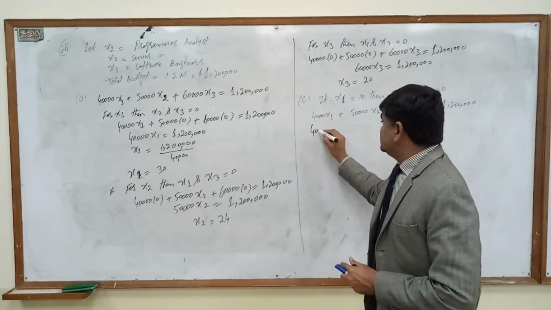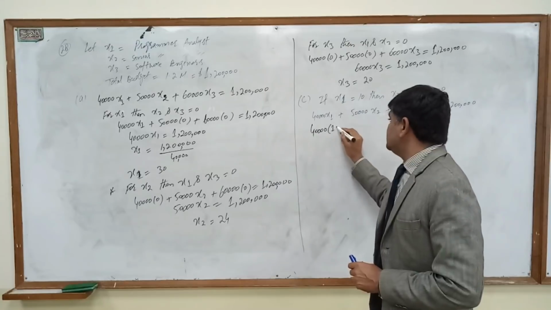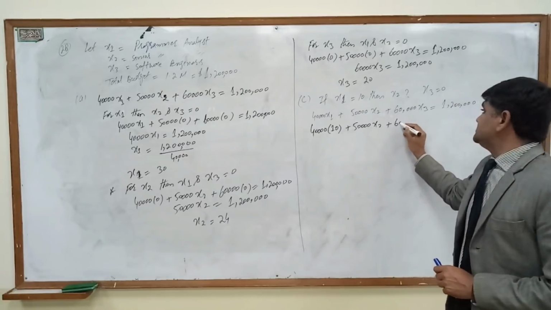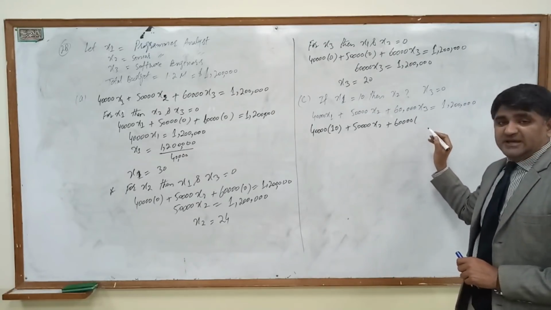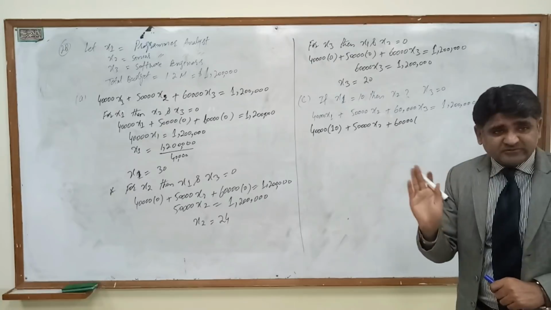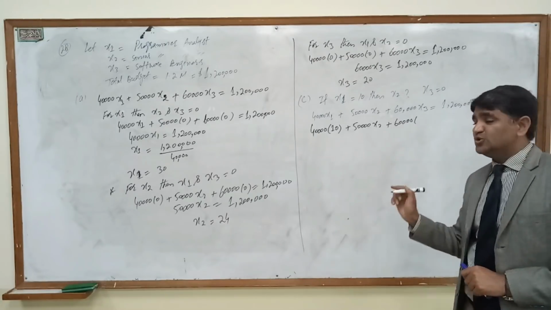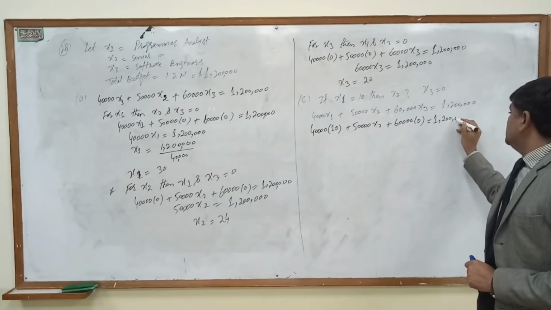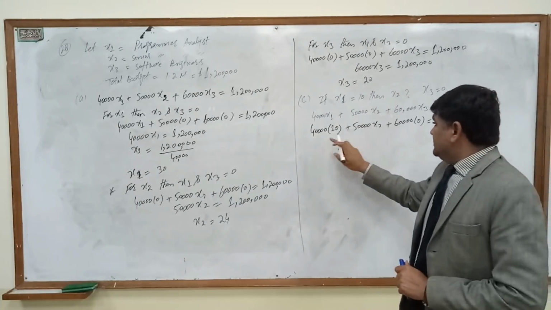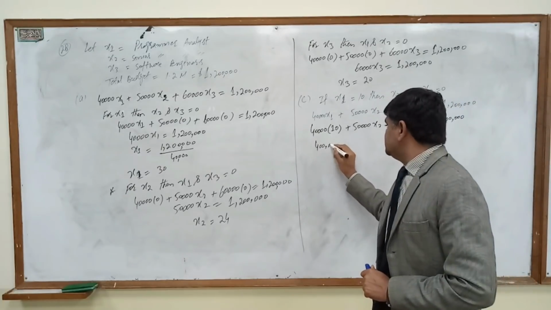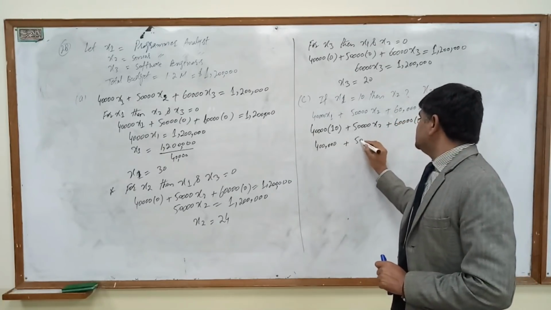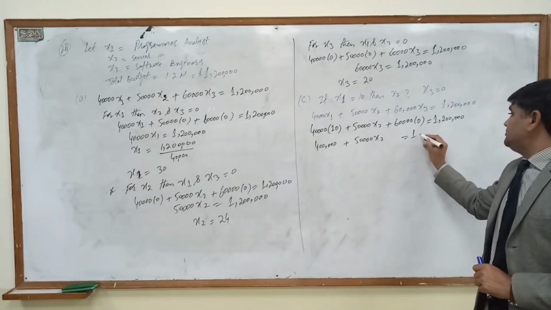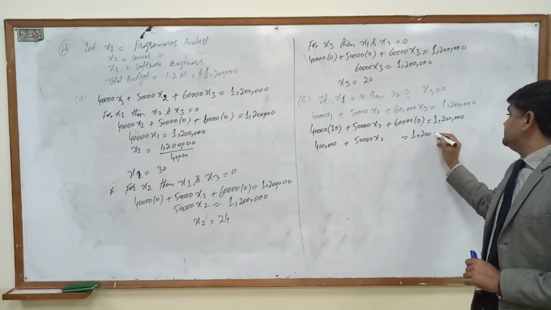So 40,000 into 10 plus 50,000 x2 plus 60,000 into x3, which in this case is 0 because we are not talking about software engineers, is equal to 1.2 million. So here is 400,000 plus 50,000 x2 plus 0 is equal to 1.2 million.